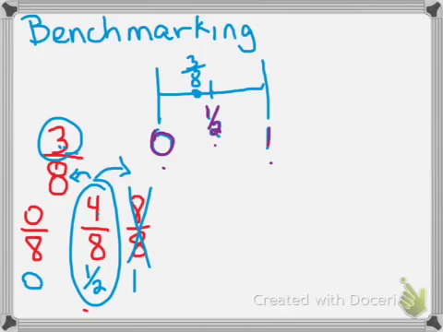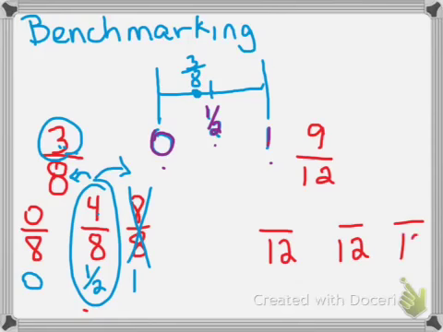So if I look at maybe another fraction here, let me find one for us. Oh, let's go with 9/12. Okay, so maybe I want to compare 3/8 to 9/12. So I've already found all of my 8ths. So now I'm going to go through and find my 12ths. Again, what I'm going to do is find my 0 fraction for 12ths.